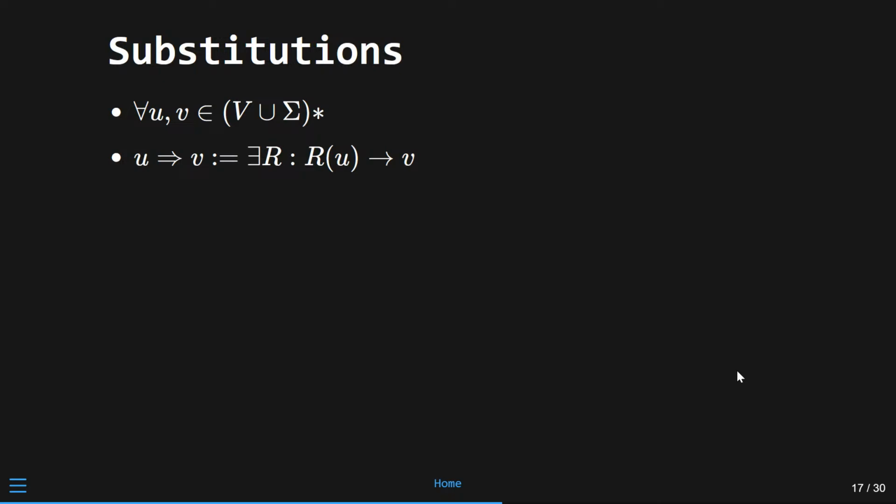If V is derived from U, there exists some rule such that R of U is equal to V. Okay. Now for an arbitrary number of substitutions, don't worry about this too much, but this means that there's a sequence of substitutions.